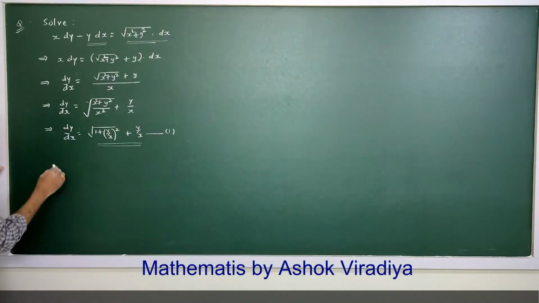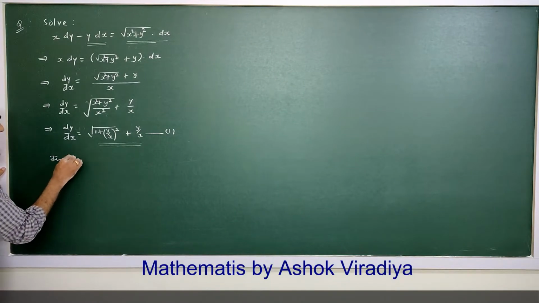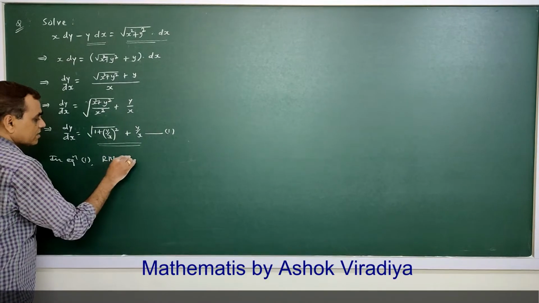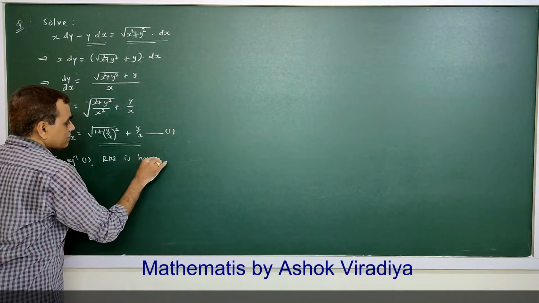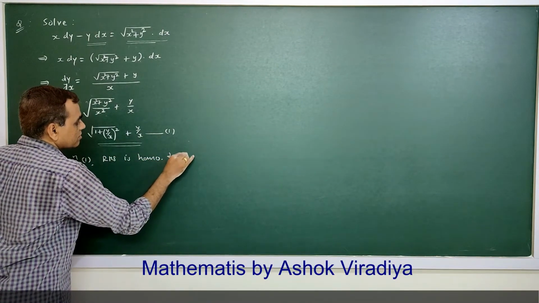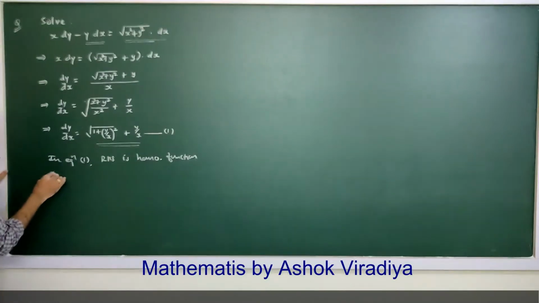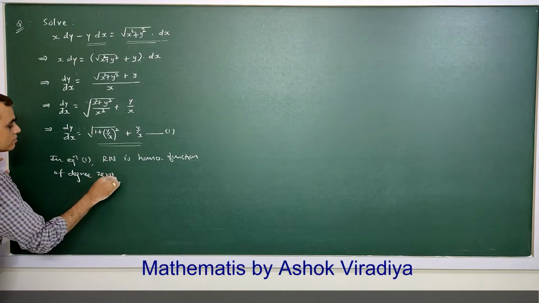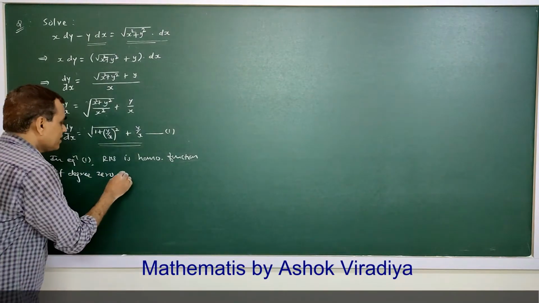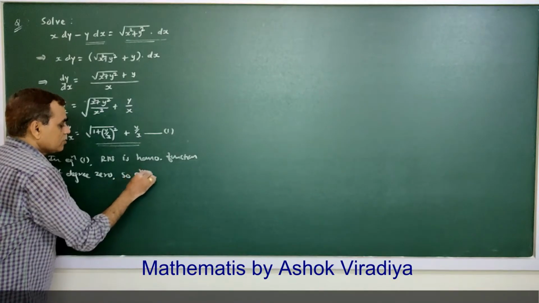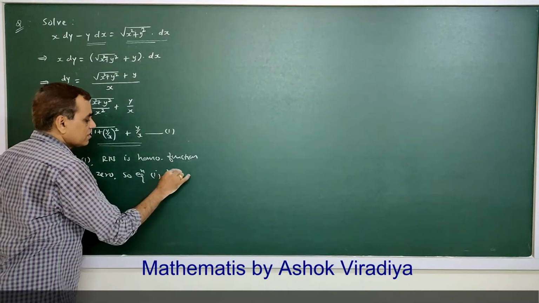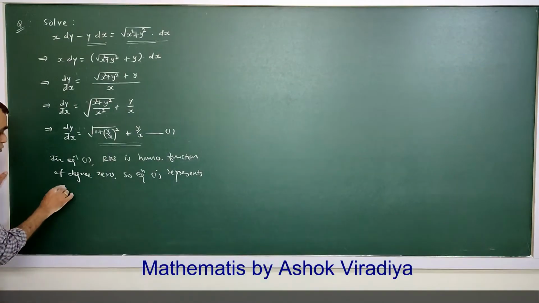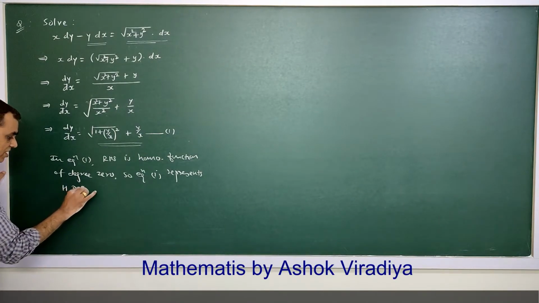So in equation 1, RHS is a homogeneous function of degree 0. So equation 1 represents a homogeneous differential equation.